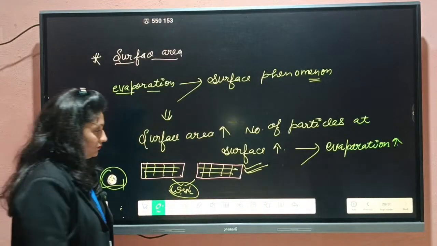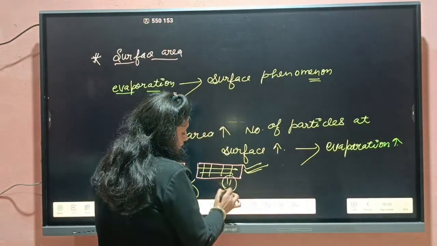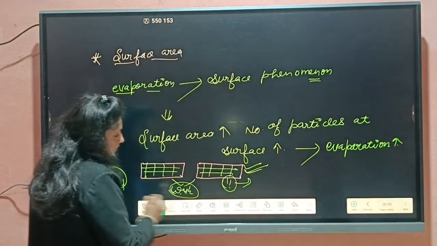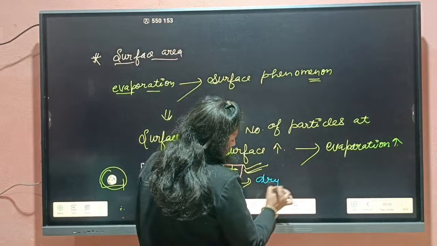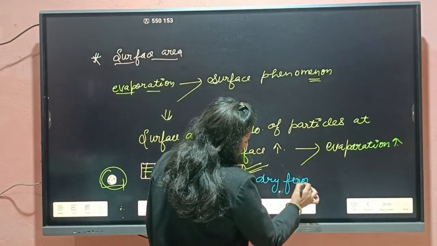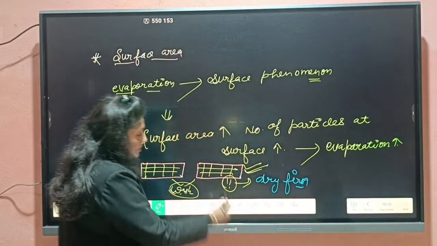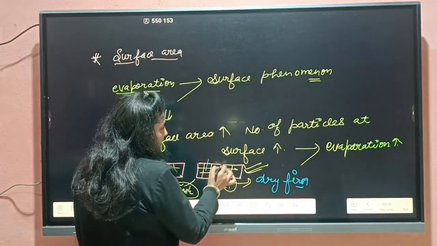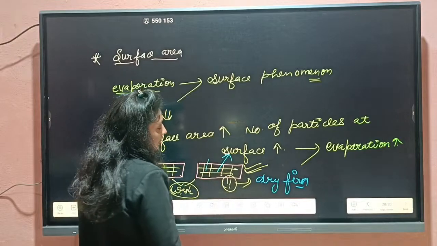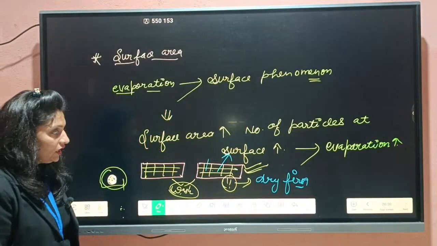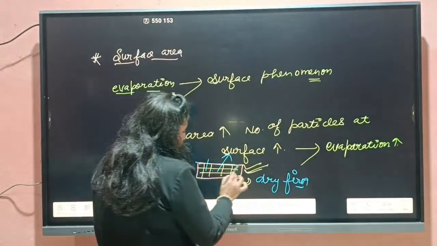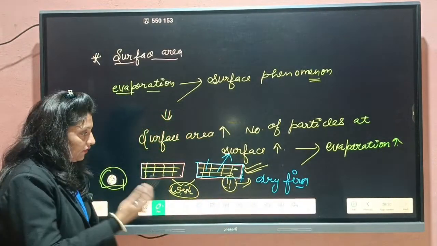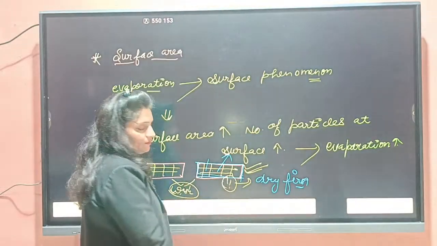I hope this one dries first. Why? Because you are spreading this one, and by spreading you are increasing surface area. That's why more particles can take part in evaporation at the same time.